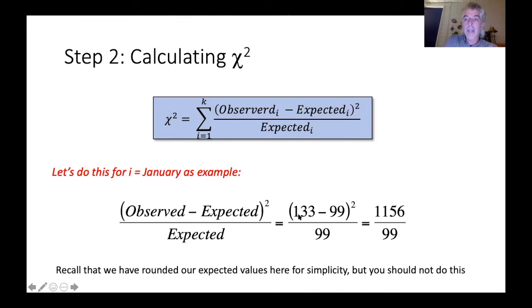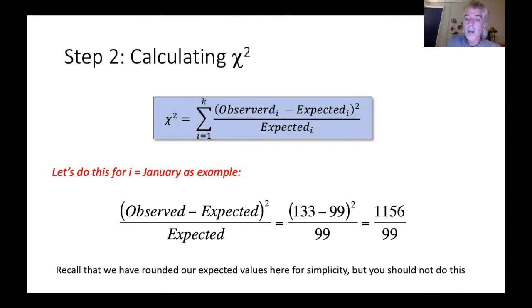We expect, based on the proportion of births in the broader Canadian population, that of our 1,245 hockey players, 99 of them would have been born in January. So observed minus expected, that difference is going to be squared, which is 1,156 divided by 99.